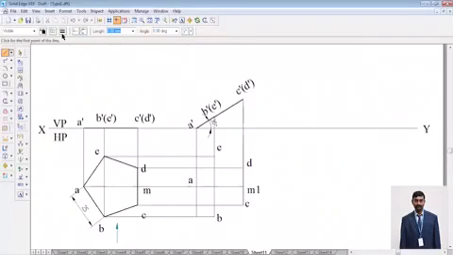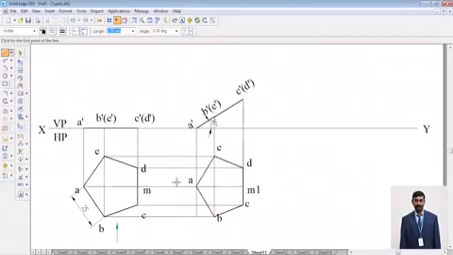So now using thick lines, I'm going to join these endpoints A, B, C, D, E, and again A. So now I have obtained the second position pentagon.